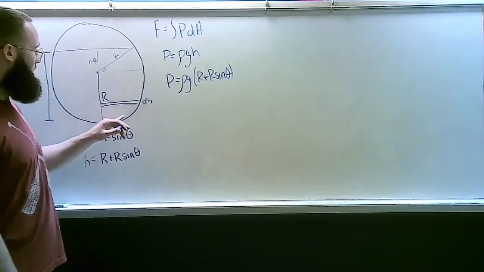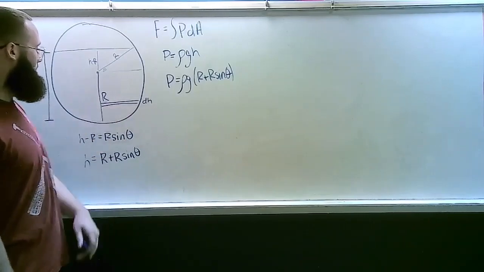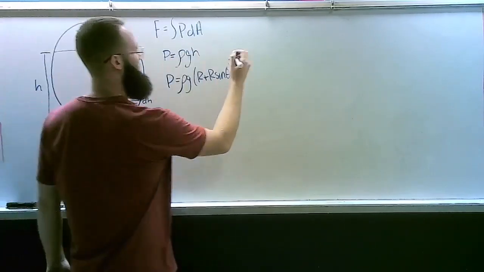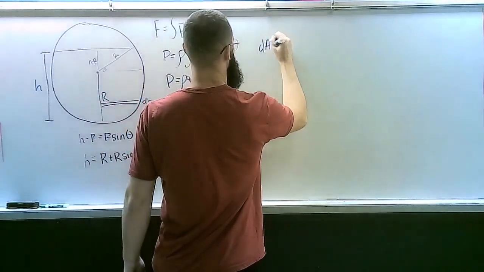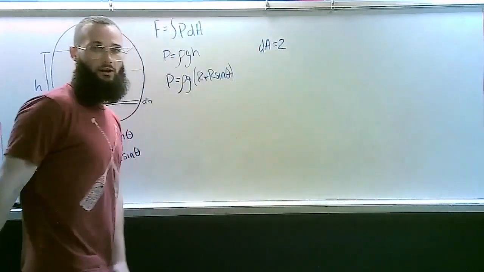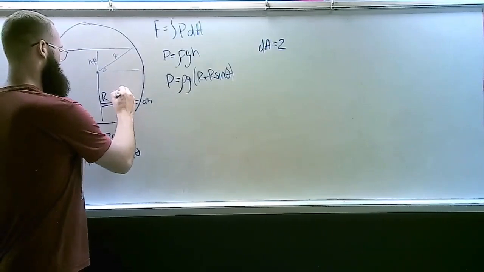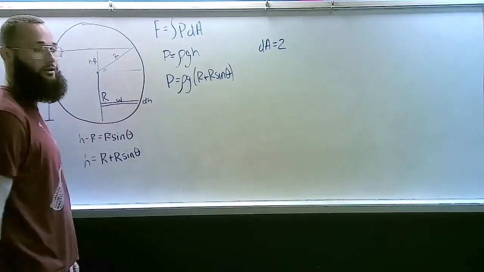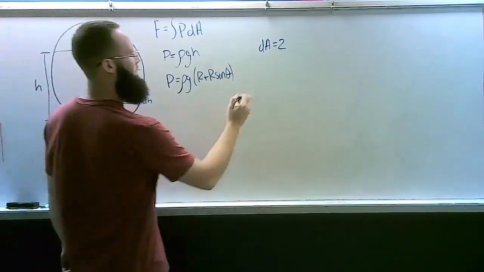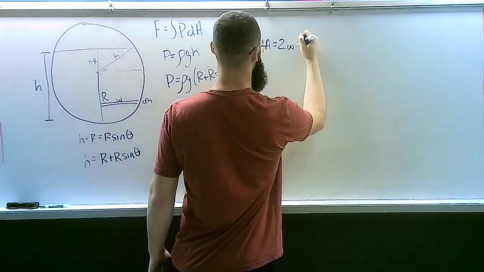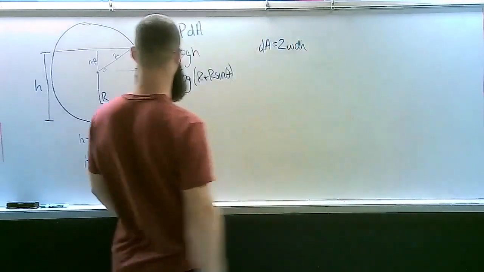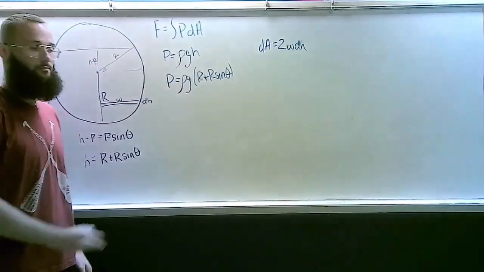And notice I only went for half of the circle. So my differential area is automatically going to have a 2 in front of it because it's only half. So I'm going to say the length of that is going to be w. So the dA is going to be 2w times the differential height dh.